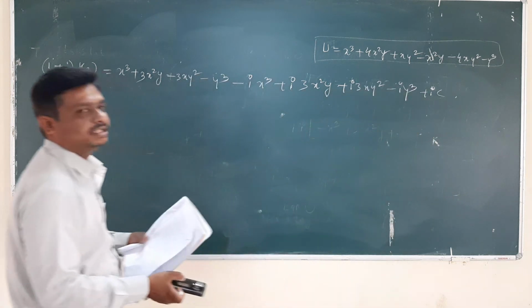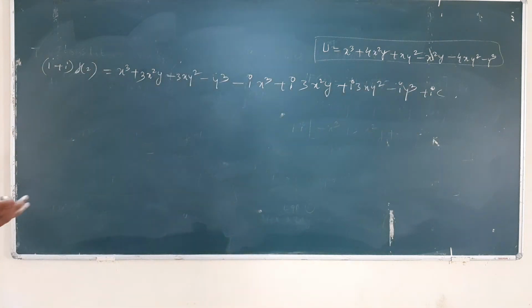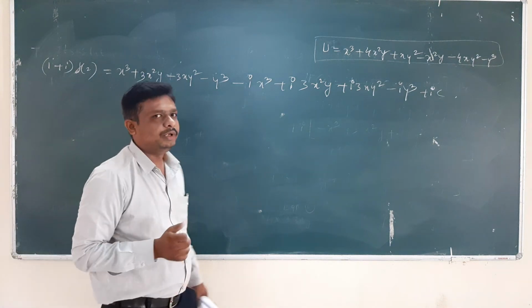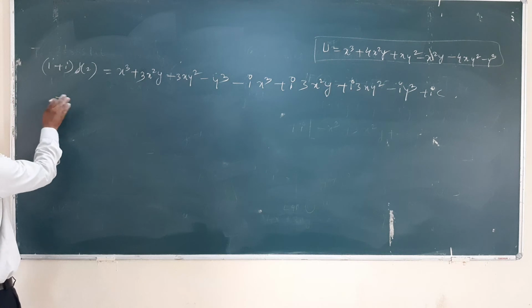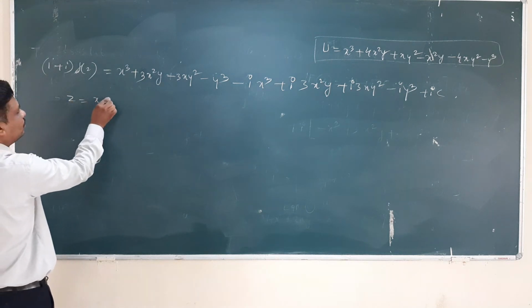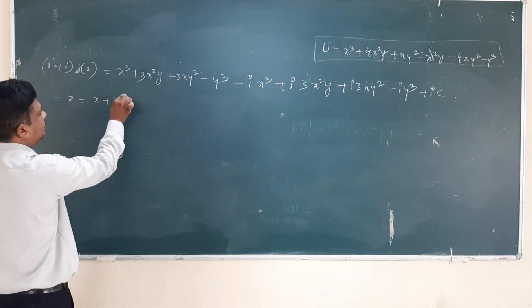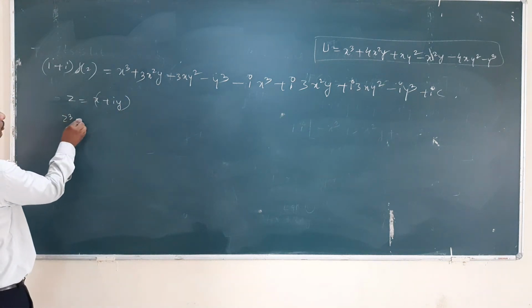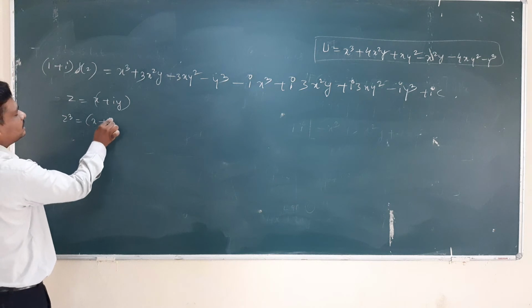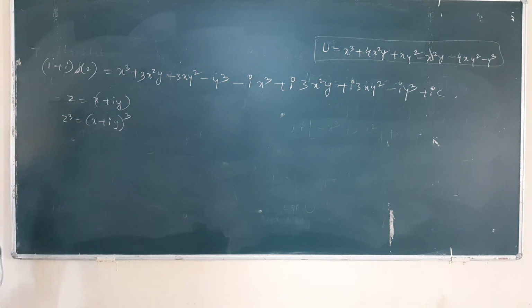So now I will express this in terms of z. This equation involves cubic powers of x and y, so I will use the relation. We know that z is equal to x plus i into y. If I take z cube, this becomes (x plus i y) whole cube.